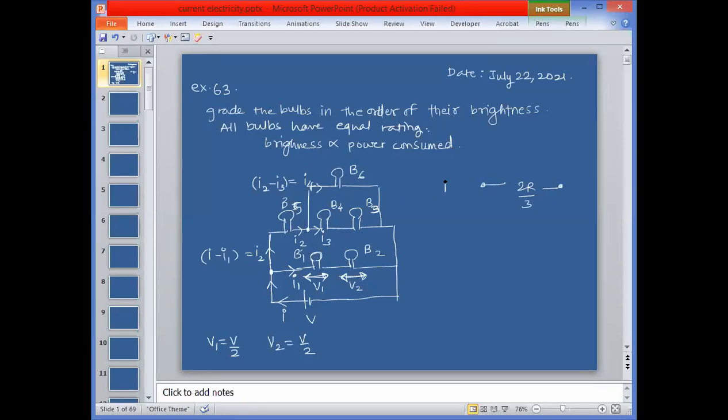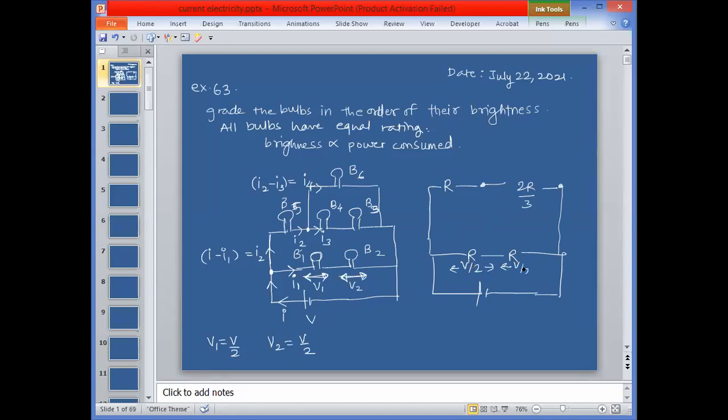This is R. Okay. Fine. Now these two resistances R and R, and the battery is here. Now I know this voltage is V by 2.